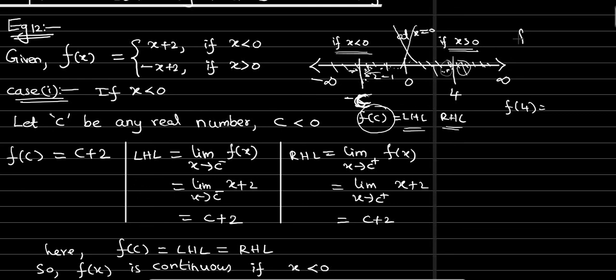So each time checking f of 3.999, whether we are getting approximately the f of 4 value, checking like this one by one will take so much time. So when we are talking about close values, it has an infinite count.